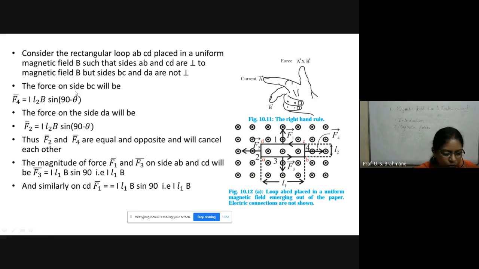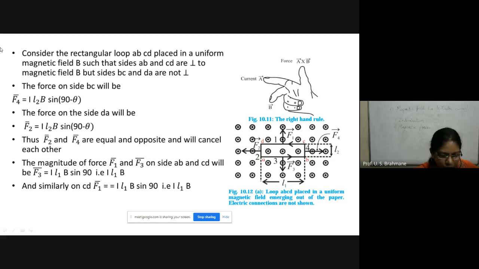So the force on side BC will be F4. Here F1 is for CD, F2 for AD, F3 for AB, and F4 for BC.